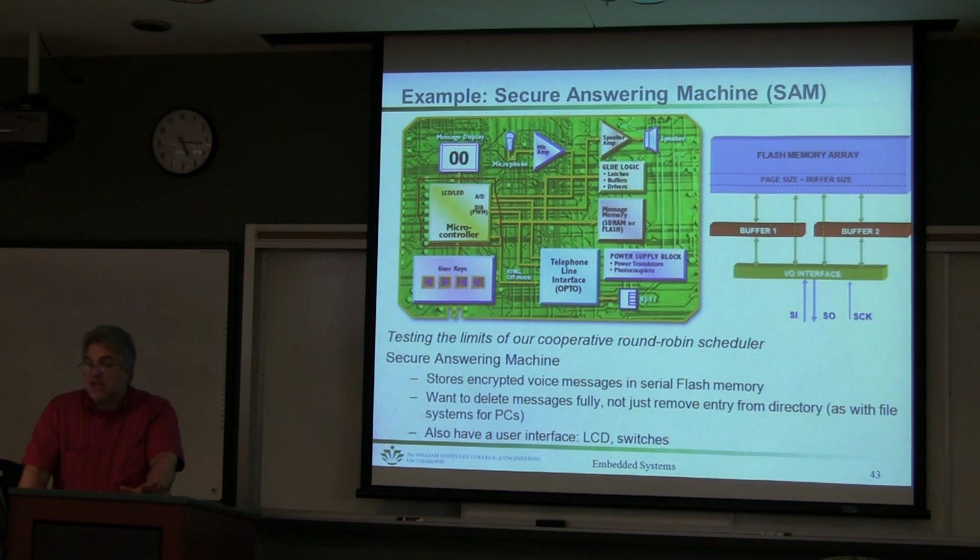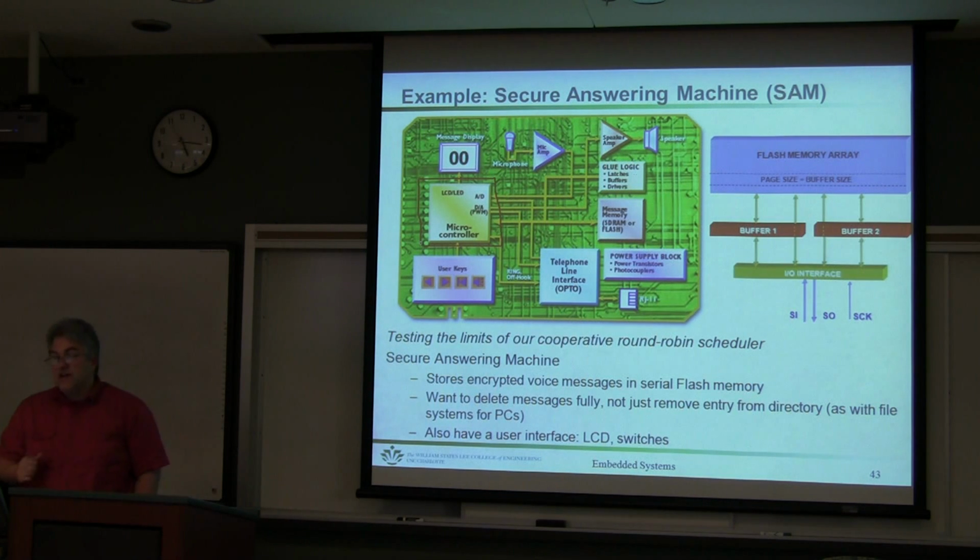It will show you things like a number of messages waiting for you to record. It'll take input associated with user keys, go forward, go backwards, whatever. It will have the telephone line interface. It will also have its own memory so that it could store any messages that come in. It has speakers and amplifiers and such.